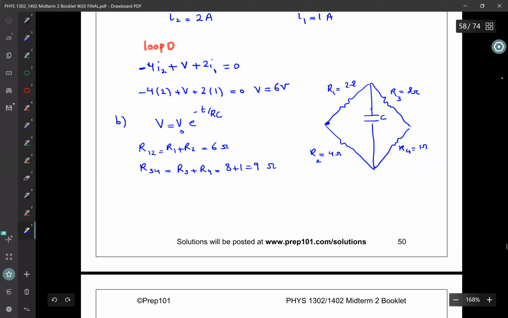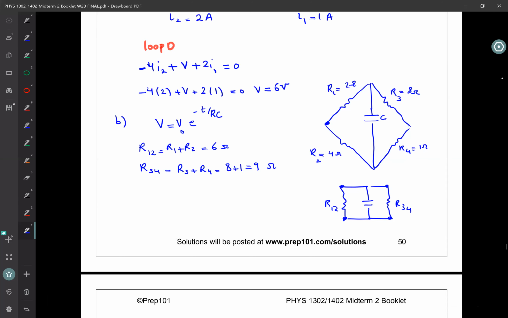Now, if I draw this part of the circuit again, I have a R12 and I have a R34. You see that R12 and R34 are in parallel because the voltage across the two is the same. This end of R12 is connected to the other end of R34. So they are in parallel. They have the same voltage.